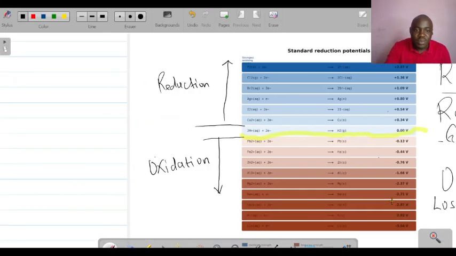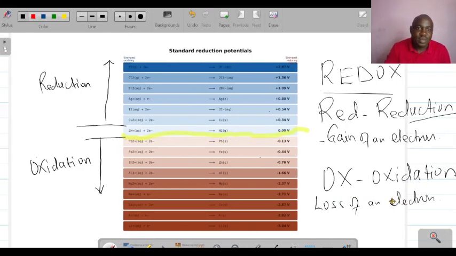So we go back to our table. If you look at fluorine, we can see that fluorine has positive 2.87 volts. So we can therefore say it is the most positive. By being the most positive, it means it can easily undergo reduction.